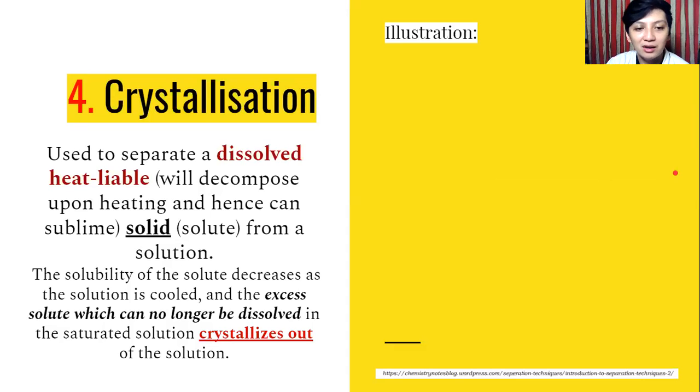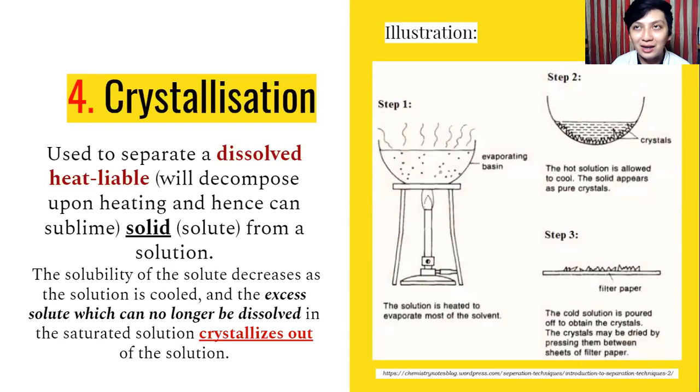Okay, the solubility of the solute decreases as the solution is cooled, and the excess solute, which can no longer be dissolved in the saturated solution, crystallizes out of the solution. Meaning to say, this process is what we call solidification. Ang ibig sabihin nito na solidify yung isang bagay once we again expose to heat, or sometimes when we expose a substance under the heat of the sun.